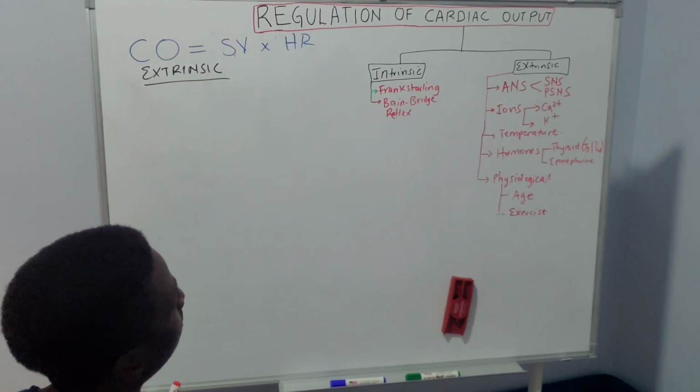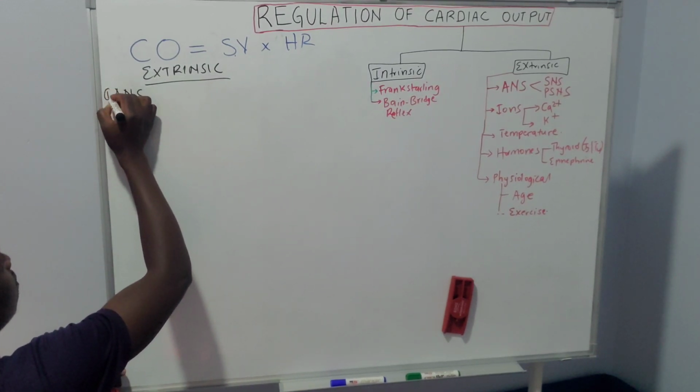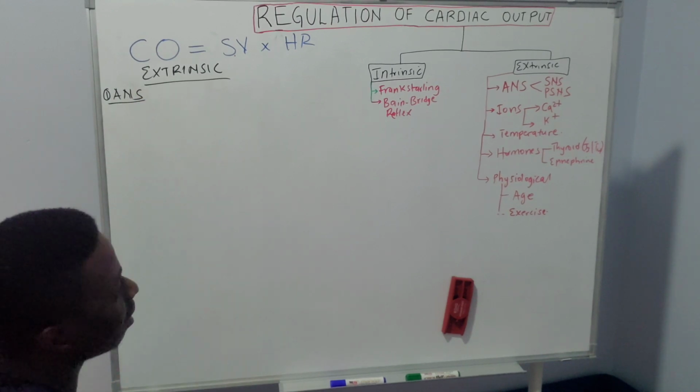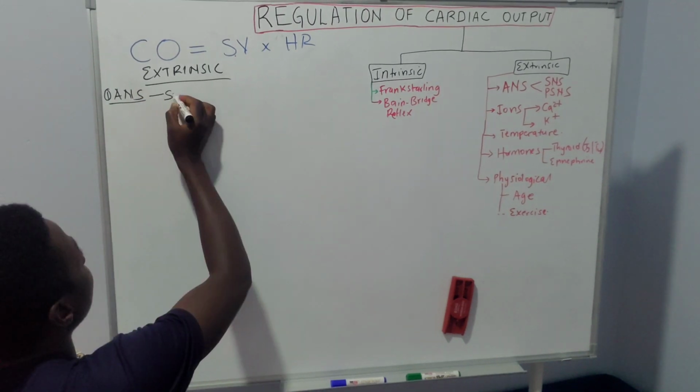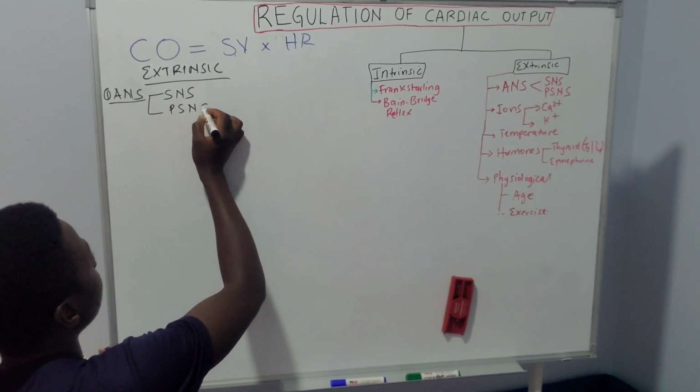We have an interplay of different factors. Let's look at the autonomic nervous system, which is our first. We said the autonomic nervous system is comprised of the sympathetic nervous system and the parasympathetic nervous system.